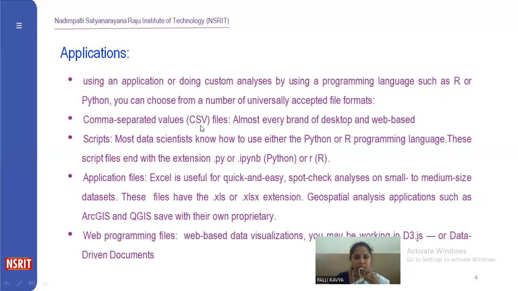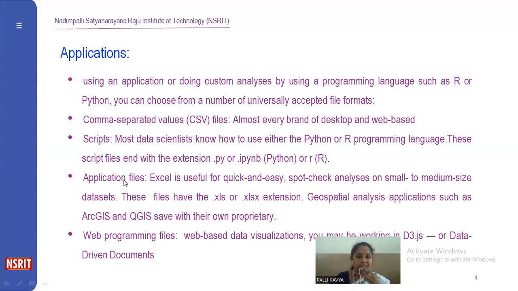CSV files, with the .csv extension, are used by every brand of desktop and web-based application. Scripts are what most data scientists write, using their Python or R programming languages. The script files mainly have the extension .py or .ipynb.